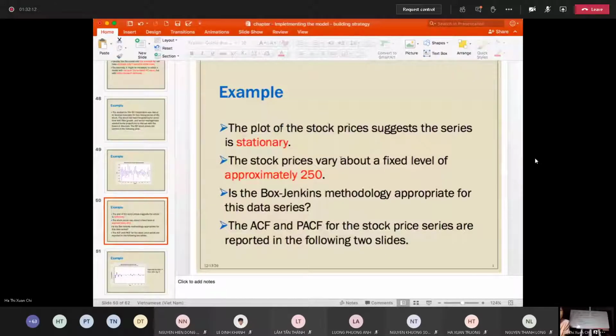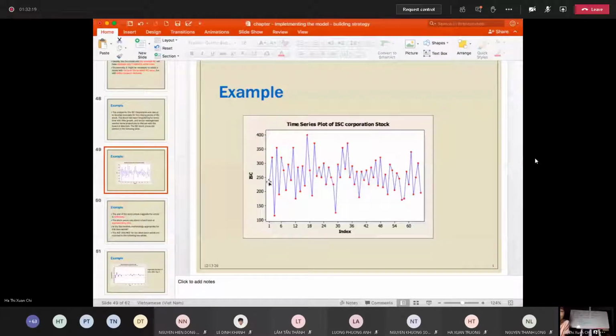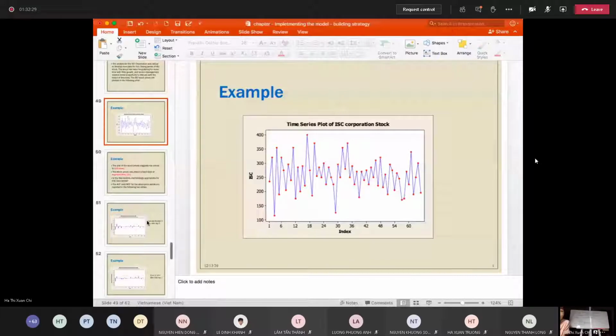The stock price varies about a fixed value, approximately 250. If you look at 250 here, it fluctuates around 250. Okay, the next step.